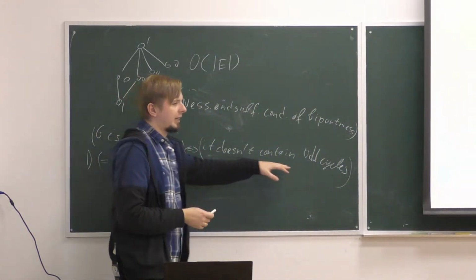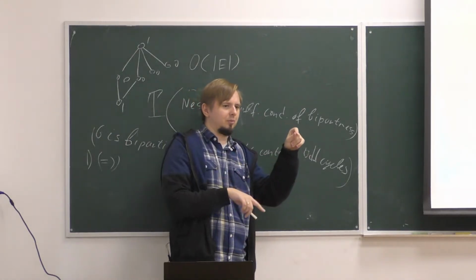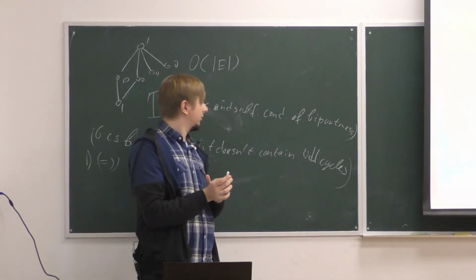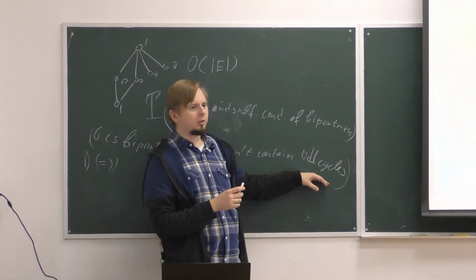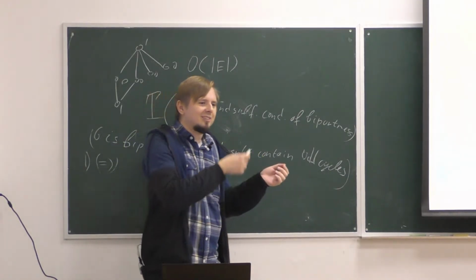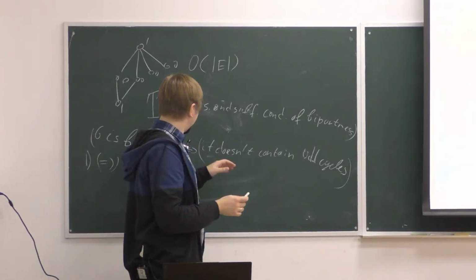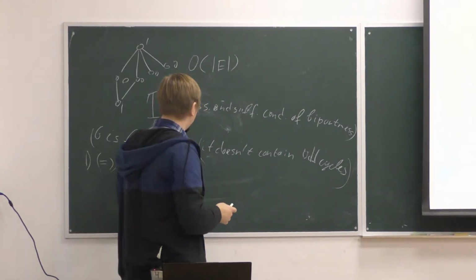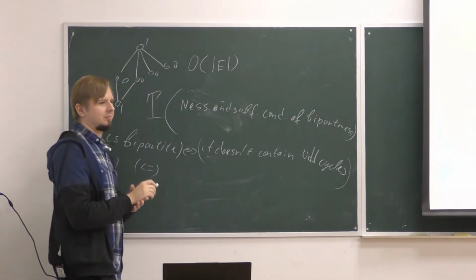If we have an odd cycle and we try to color it, we color vertices one by one, and we can't color an odd length cycle one by one. Yes? So it's very simple.